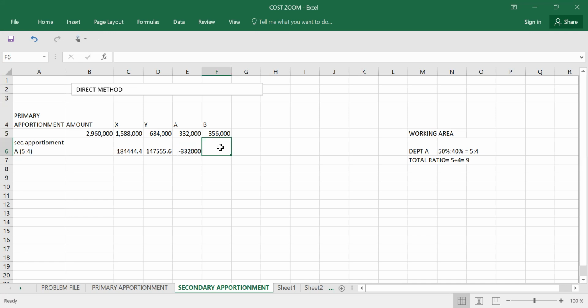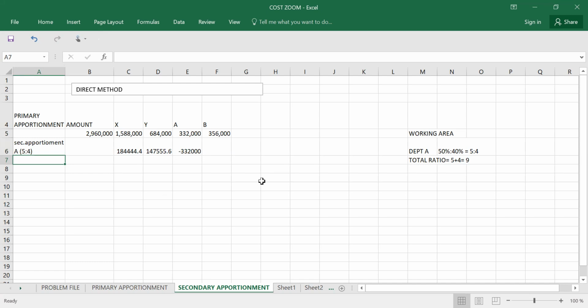All right. The reason why this one is minus is that at the end of it all, we have subtracted these costs from A. We have transferred them.